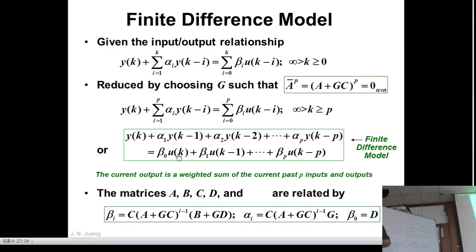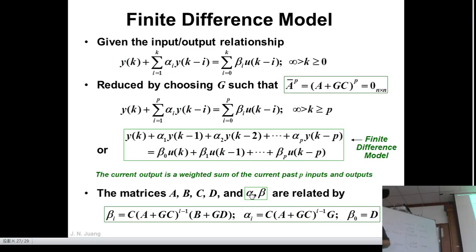The weights are alpha and beta: alpha 1 times yesterday's stock price, alpha 2 times the day before yesterday's price. Alpha 1, alpha 2 are the weights of each past output. In the same way, beta is the weight for the input.